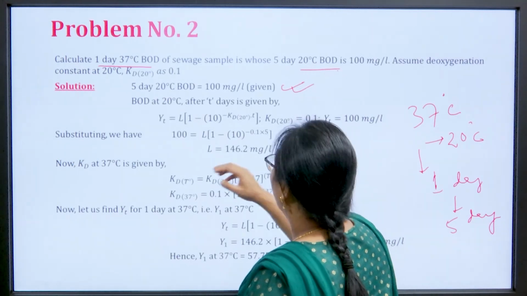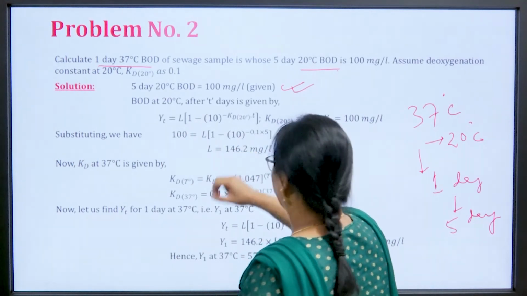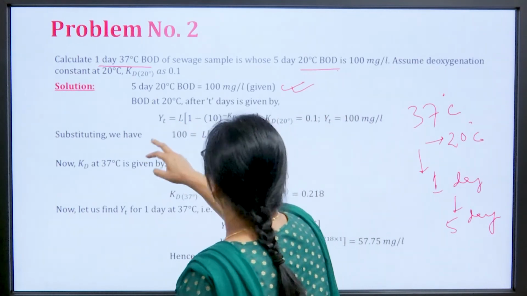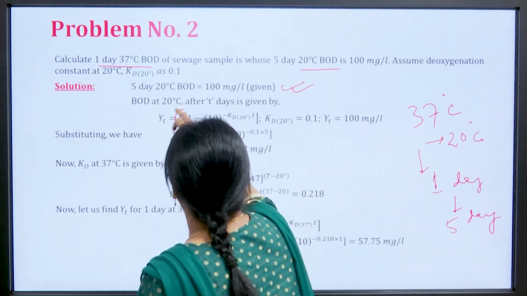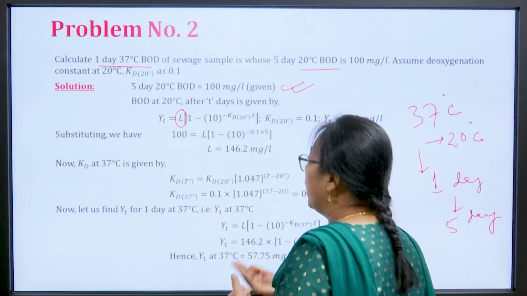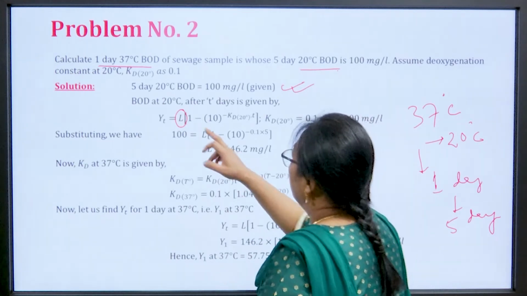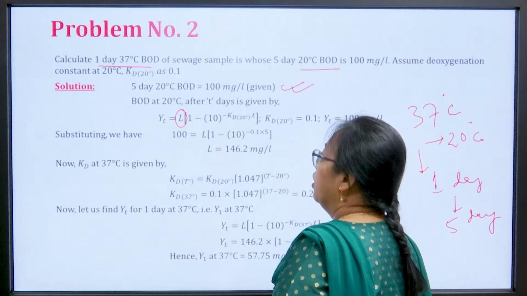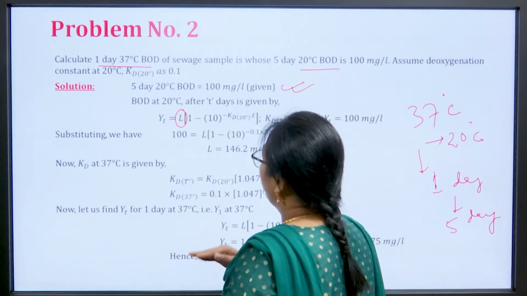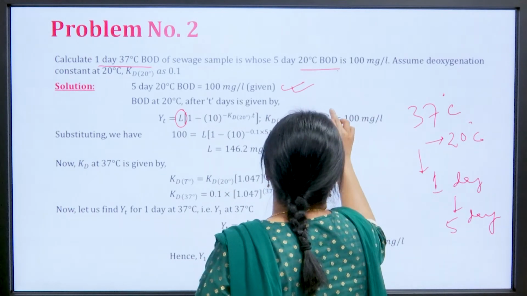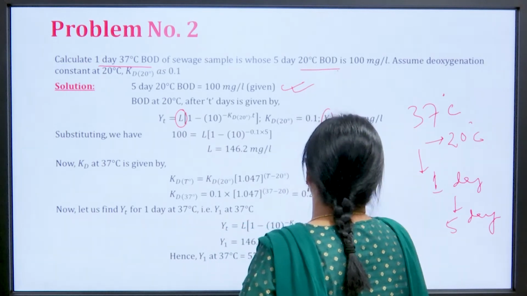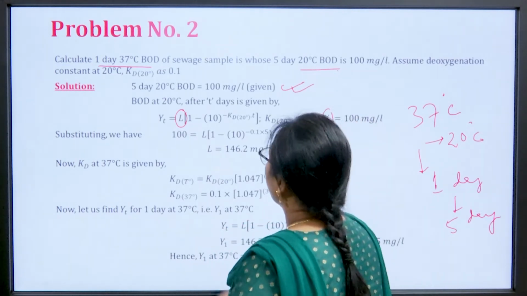First you want to find out the L value, the starting organic content, because this is not going to change with time. This is a constant, but this will be changing with time.